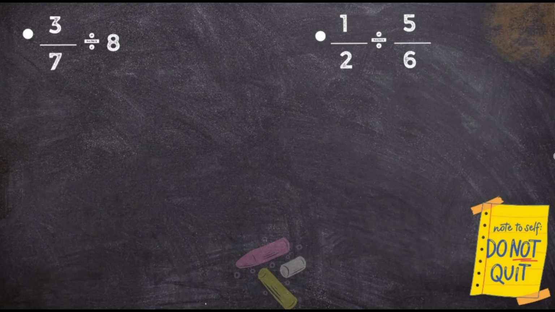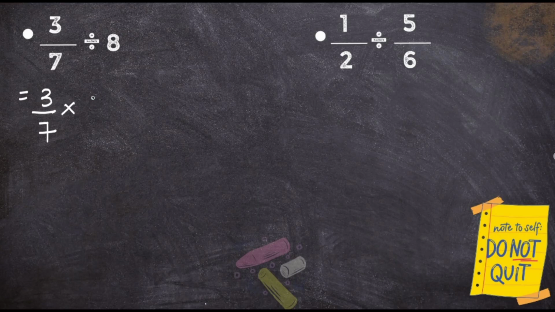Now let's take another question. Same concept it is. Same steps you have to follow. First you will write the first fraction as it is. Nothing you have to change. Division will change into multiplication, and it will be the reciprocal of the other fraction. Now it is 8. 8 means it is 8 upon 1. Okay, so 8 upon 1.